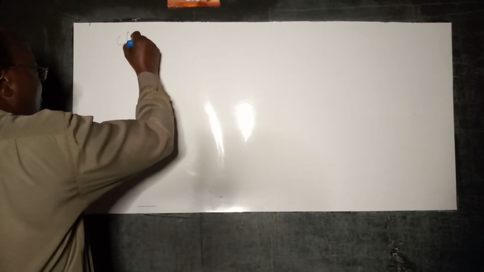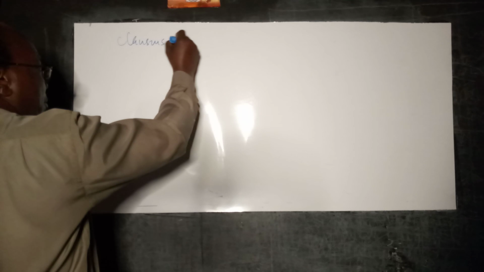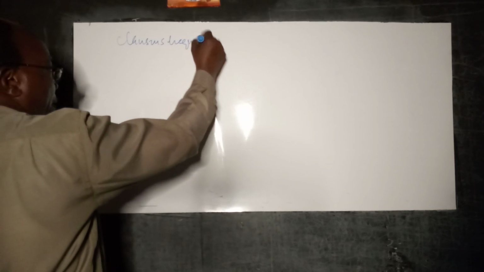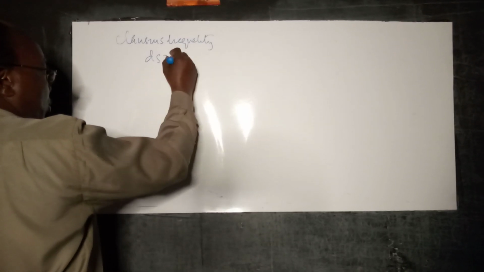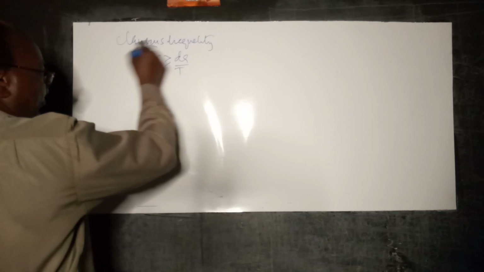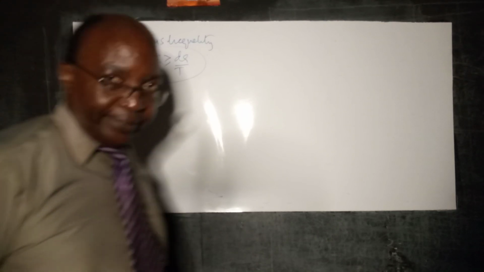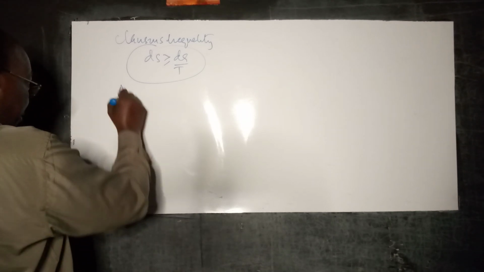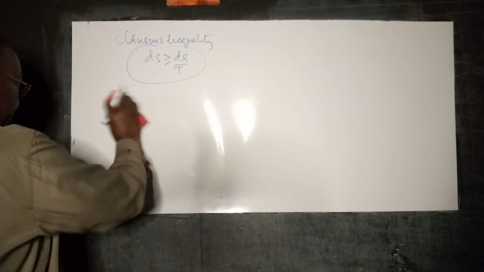We have now seen a lot of cases where we're talking about isentropic processes. Remember, we talked of the Clausius inequality, where we said ds is greater than or equal to dq over T. Now, we are saying that the process in the nozzle is adiabatic and reversible.